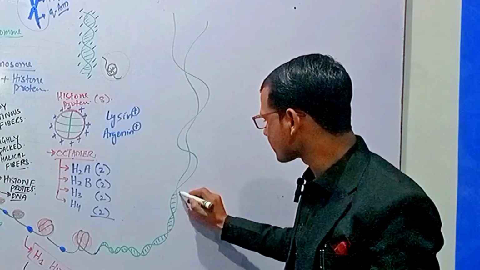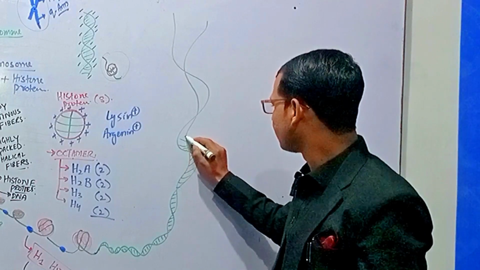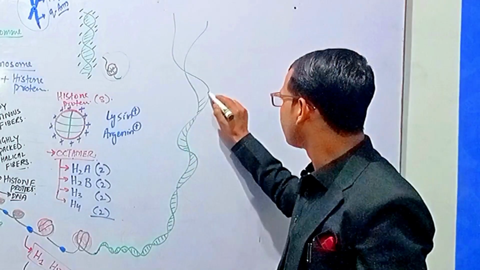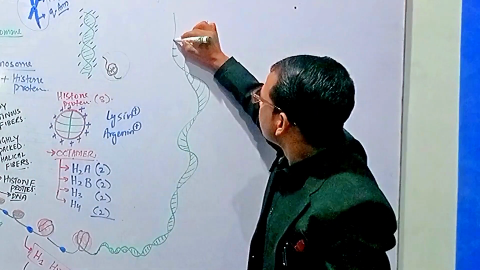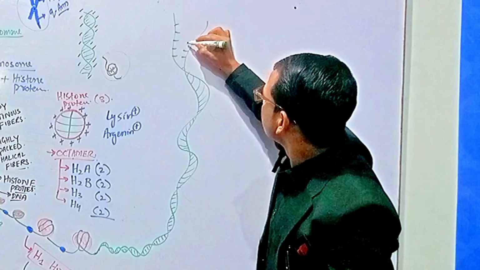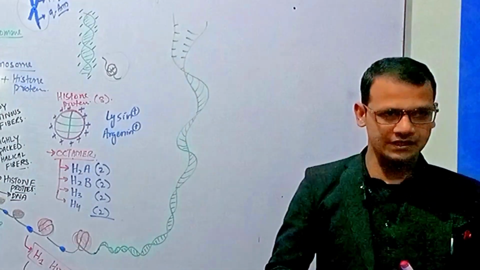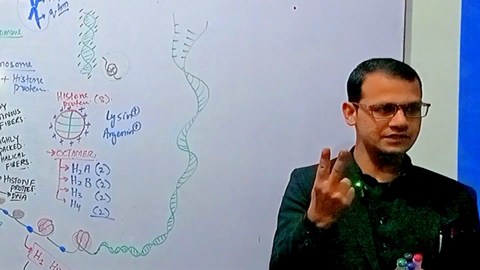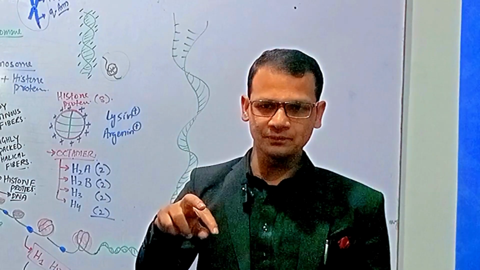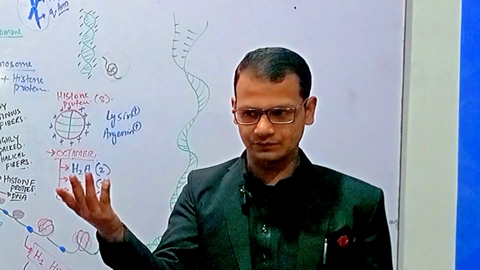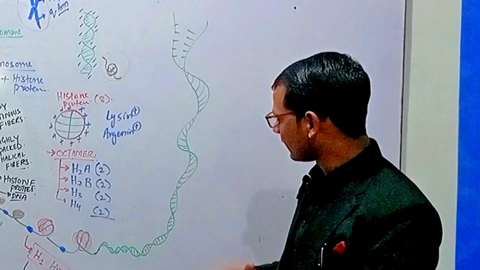The double helical structure of DNA was discovered by... Right? This is the structure of DNA, the general structure, having two strands. And these two strands, well, one will always come from the parent, the father, and the other is from the mother, right? So this is the double helical structure.